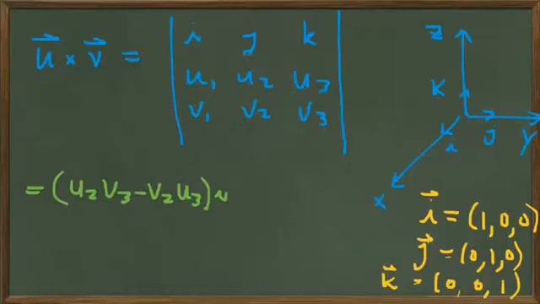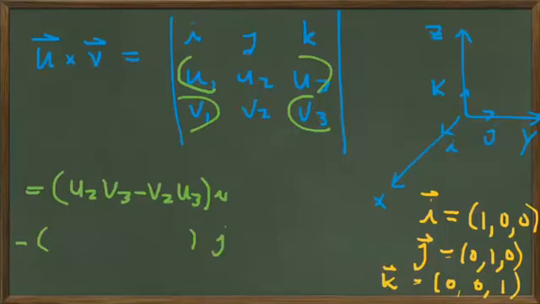Now the j component, we have to actually start by putting a minus sign out here, and we do it the same way. So it's the product of these two, minus the product of these two. So that would be what? u1 v3 minus v1 u3. But remember, there's a minus sign out here.